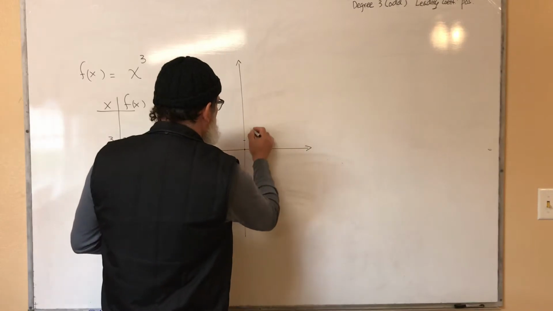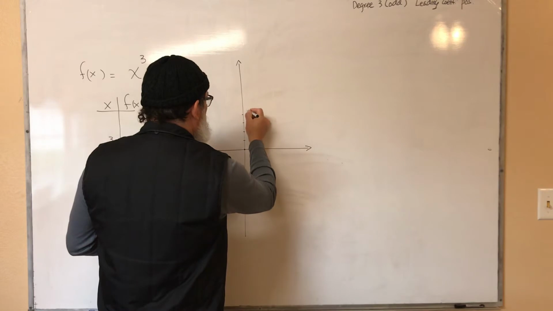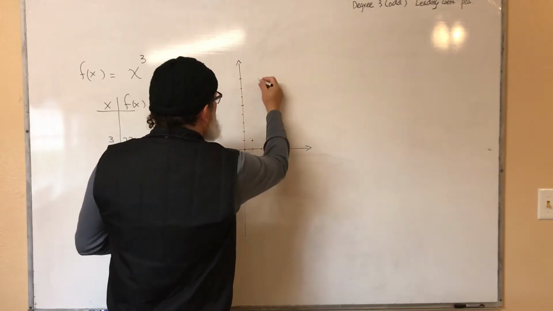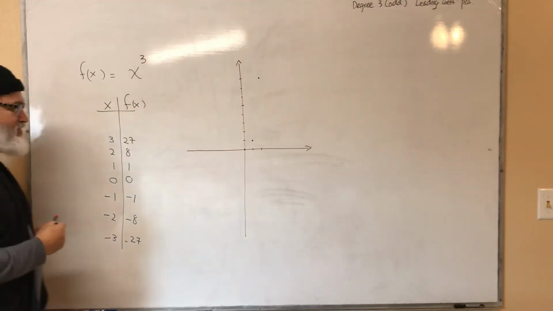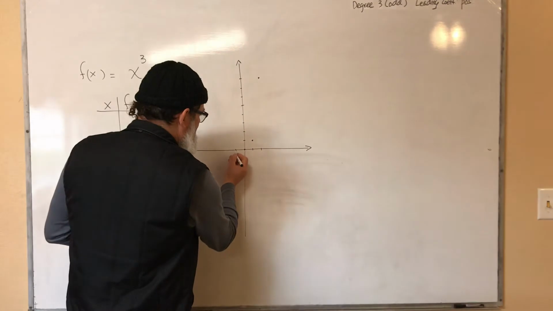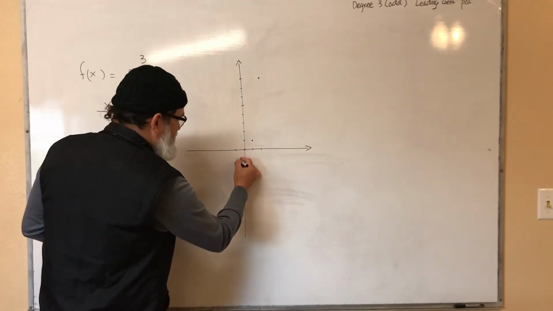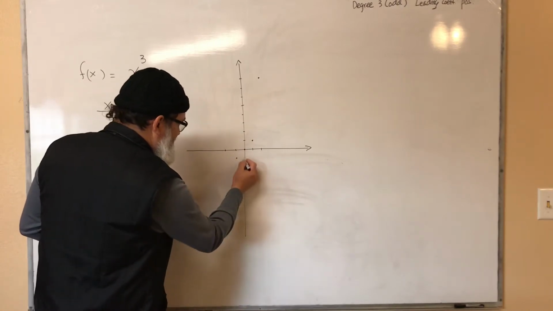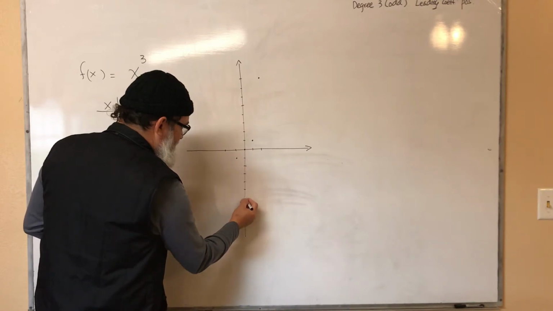2, 3, 4, 5, 6, 7, 8. 2, 8. Negative 2, 8. Well, let's try negative 1, negative 1. Negative 2, negative 8. Negative 1, negative 2, negative 3, negative 4, negative 5, negative 6, negative 7, negative 8.